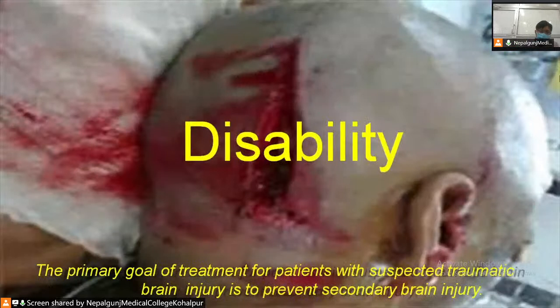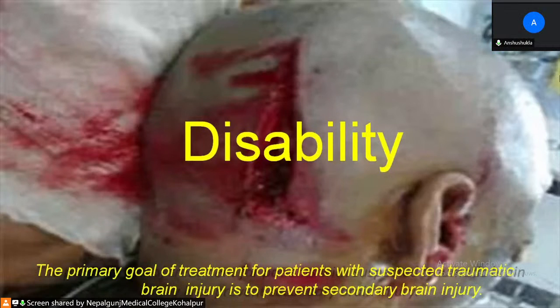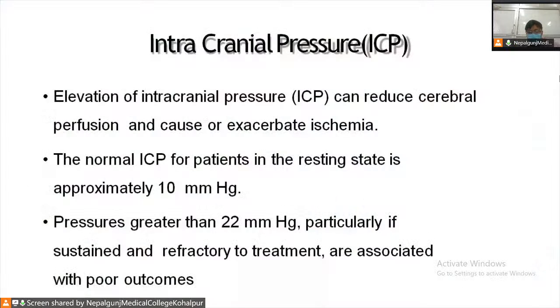Now, disability. The primary goal is to suspect trauma with brain injury, and to prevent secondary brain injury, because this can result in increased disability in later life. In the intracranial space, elevation of intracranial pressure reduces cerebral perfusion and exacerbates ischemia.